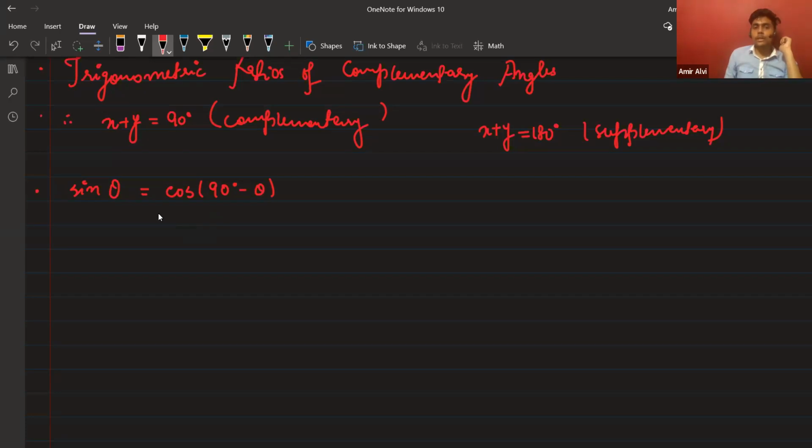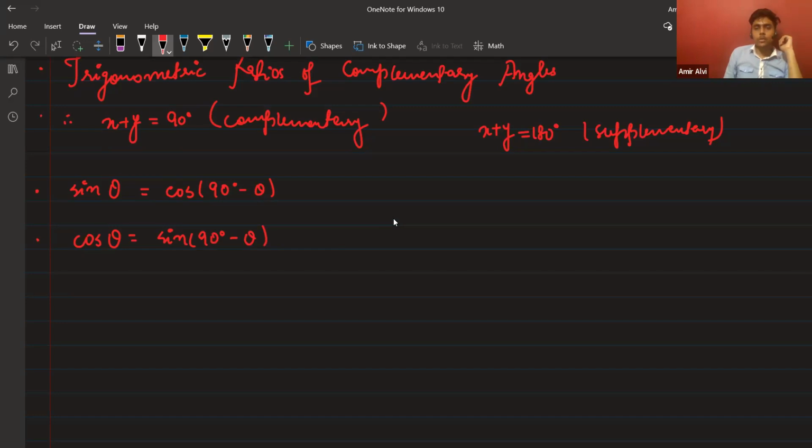This is called the complementary angle of sine. Is it clear? Yes, sir. Now tell me, if I write cos theta, how can you write it in terms of sine? Sine 90 minus theta. Very good. So these are complements of each other.